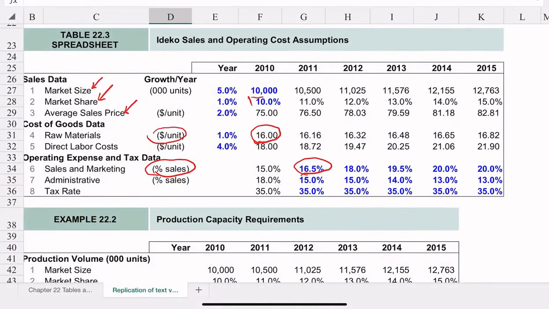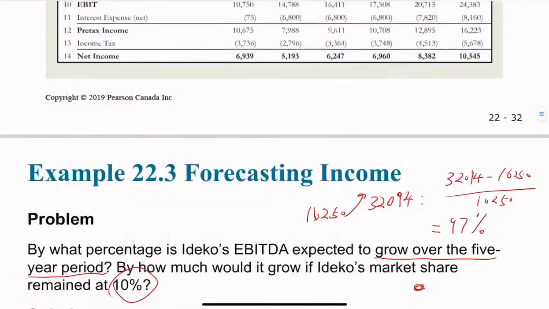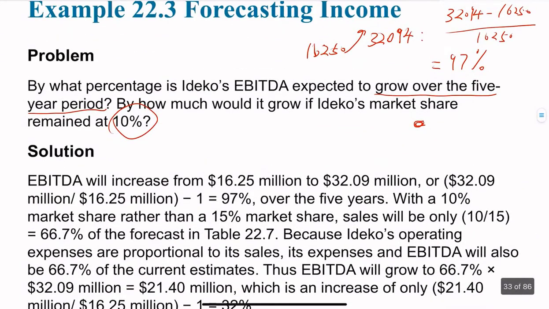So we used this assumption here. Initially, the market share was only 10%, and then it increased to 15%. Now you're asked to calculate the firm's EBITDA under this alternative assumption. That is, the firm's market share remained at 10%.